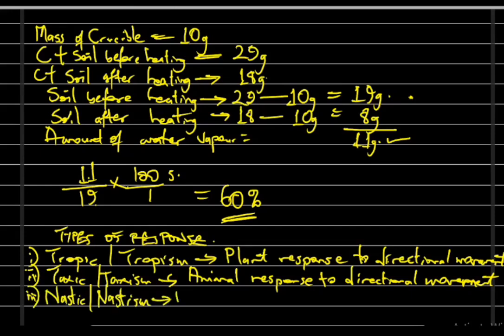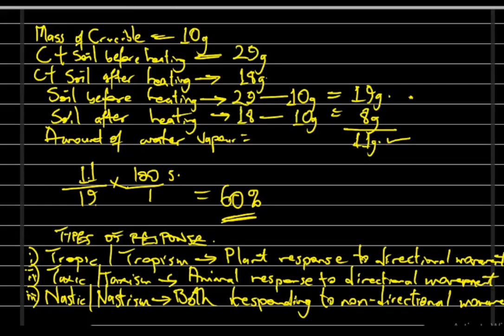This one is movement of both of them, both responding. When I say both now, I mean plants and animals responding to non-directional movements. So that is what these three are.